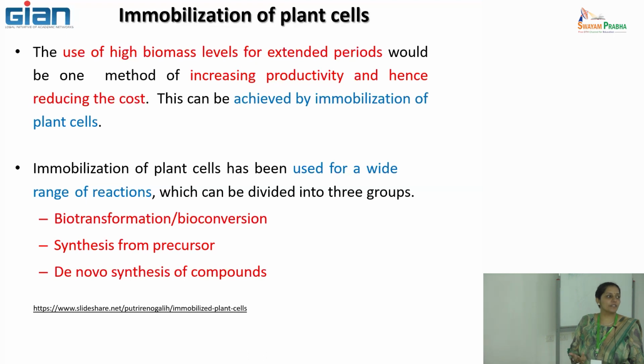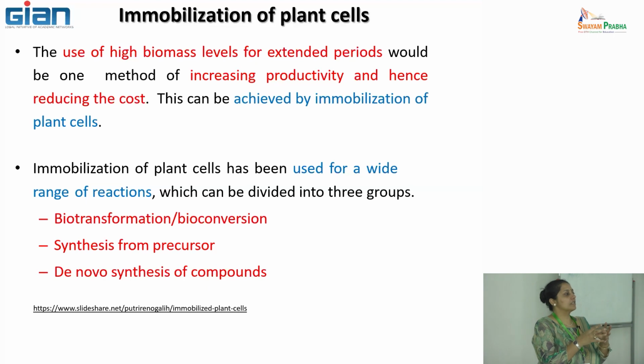Now, immobilization of plant cells can be used for various purposes, especially for biotransformation. Majorly, you will see in literature that people are using organ cultures, which are called hairy root cultures. They immobilize the hairy root cultures and use them for these biotransformation reactions. Biotransformation means conversion of a particular substrate to your desired product by using plant cells or organ cultures as a repository of enzymes.